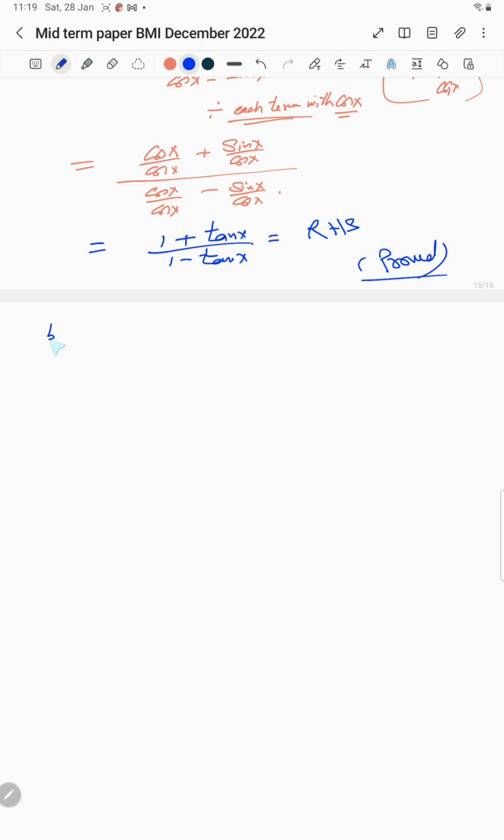Okay, B part of the same question was, we need to solve 3 tan square of x minus 2 tan of x minus 5 equal to 0, where the angle is lying between the first two quadrants, 0 to pi.